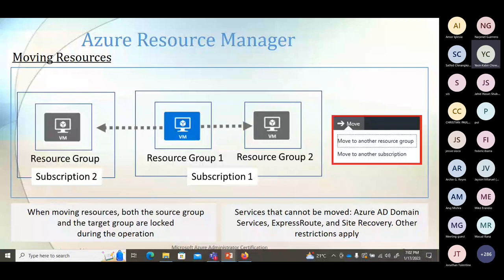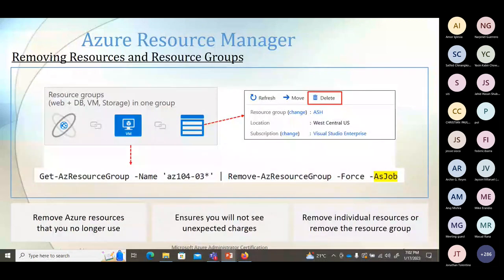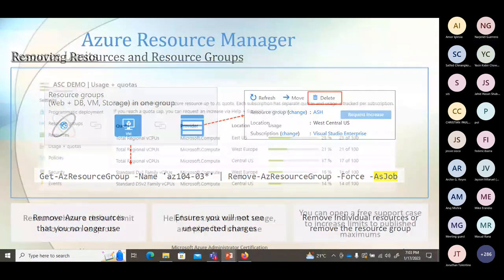No problem. You can also move that resource to another subscription. Also you can remove a resource group and delete resources there. You can do it very easily, just in a click.